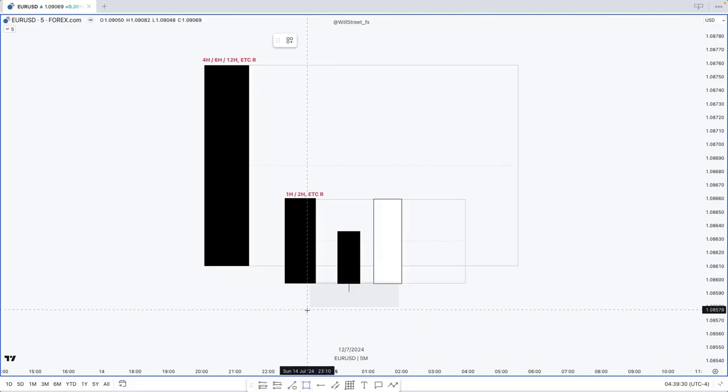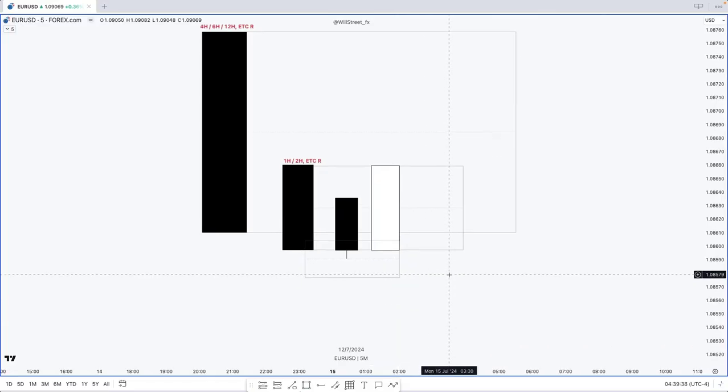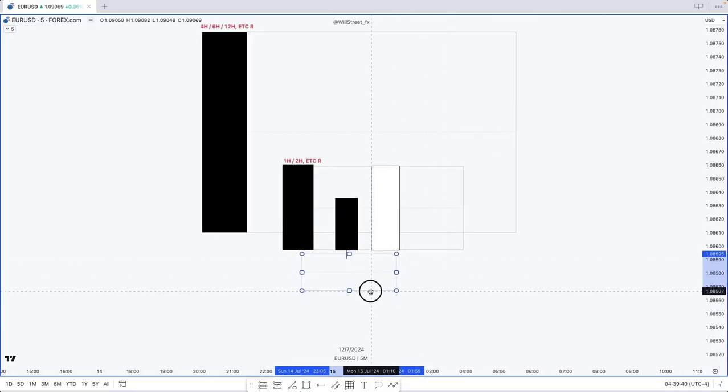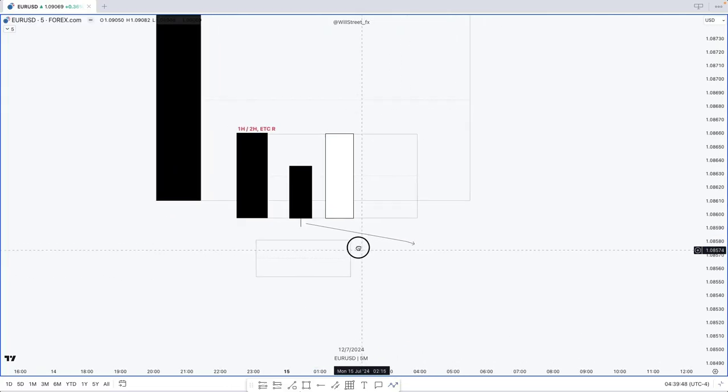What are we doing? This. Find another low time frame range. Well, imagine. Okay.